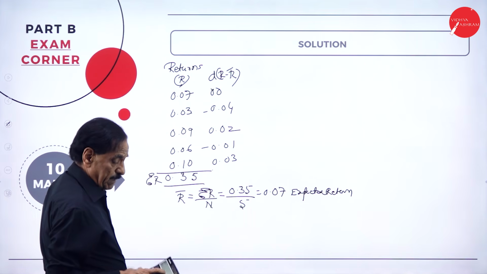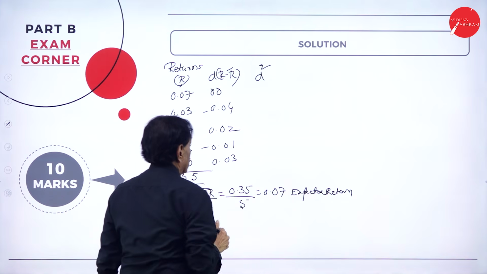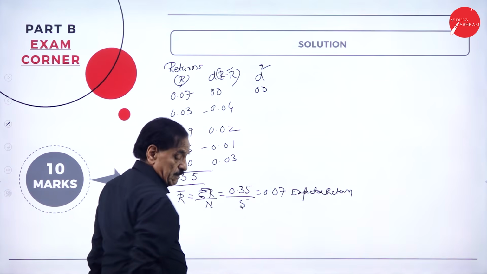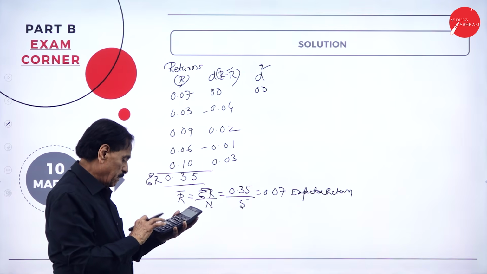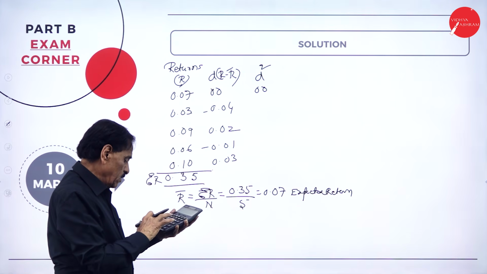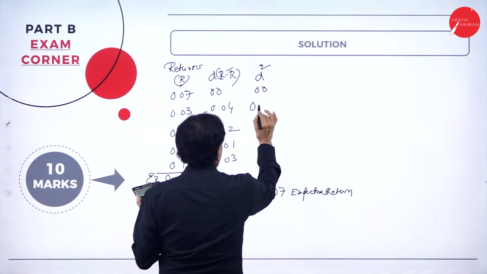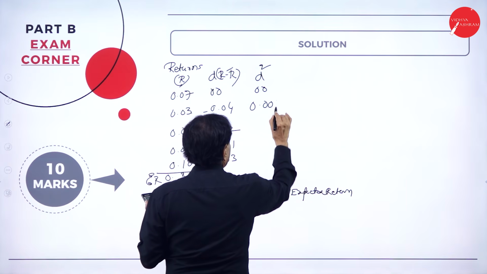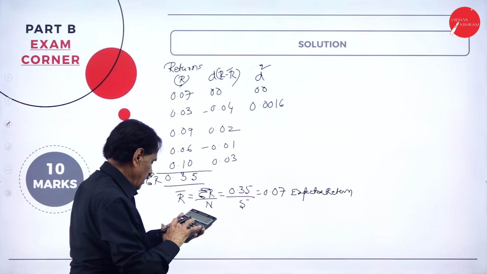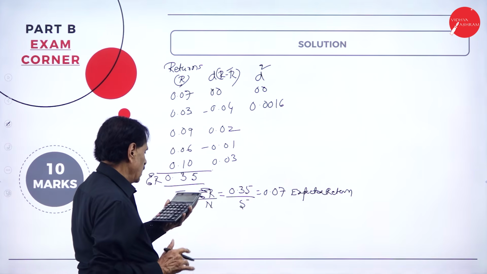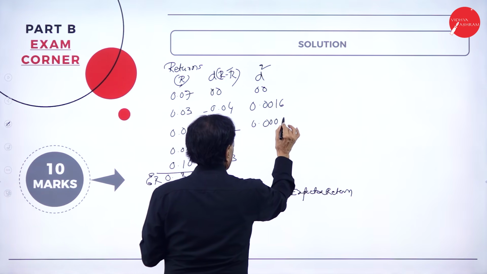So R minus R mean, then D square, the square of this. 0; minus 0.04 into minus 0.04 becomes plus, 0.0016. Then 0.02 into 0.02, 0.0004.